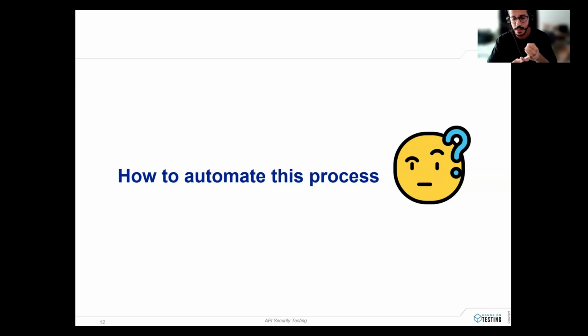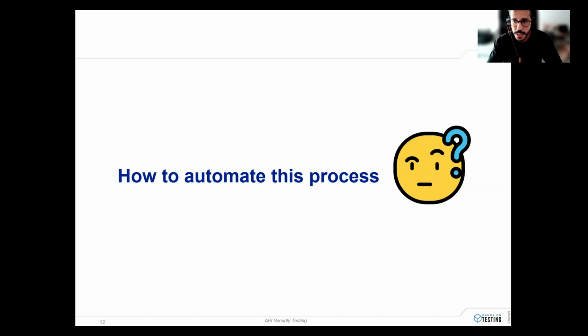It must not be a time-consuming task, and it needs to fit into my existing process. I don't need to change the way I work in order to do security testing and include it as part of my job. So these are the two main challenges.